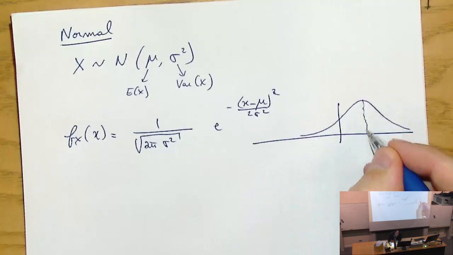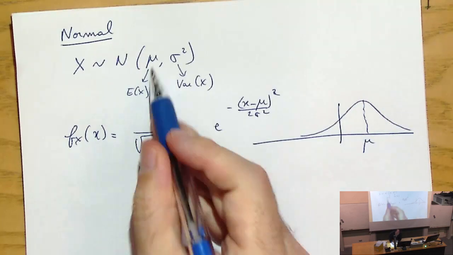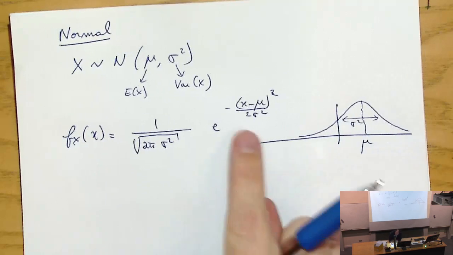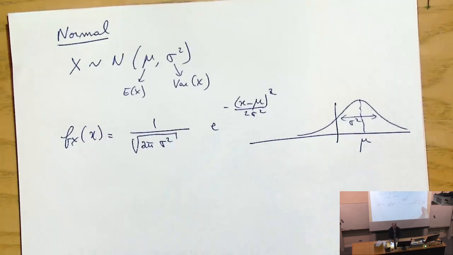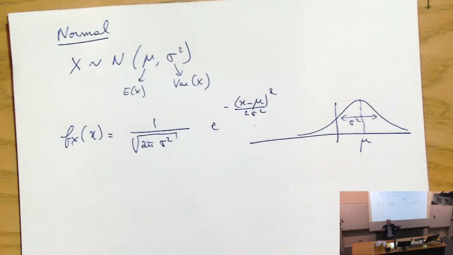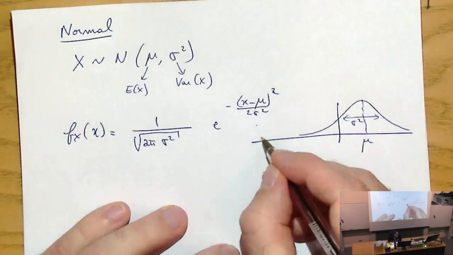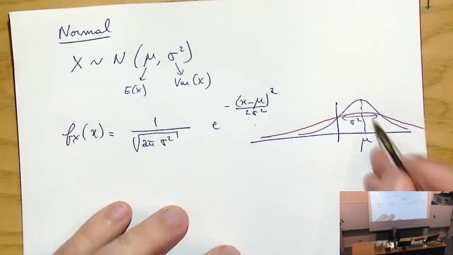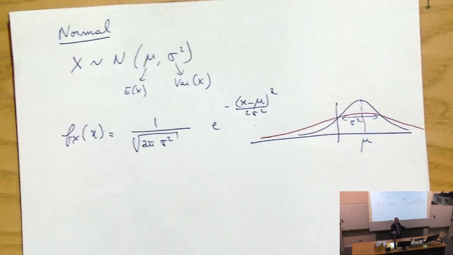That is centered around mu, that's the mean, and it has a certain variance, sigma square. As you move mu to a higher value, your distribution is shifted to the right, essentially. As you increase sigma square, the deviation around its mean changes. So I can have something that looks like this, or something that looks, for instance, like this. So the red one would have a variance that is larger than the blue one.